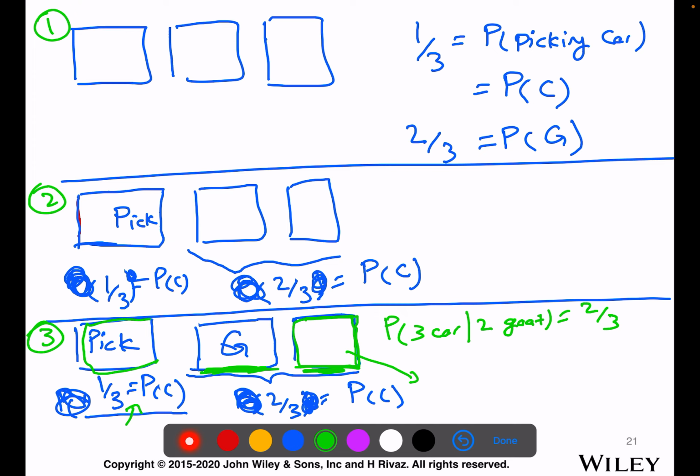But what I like to argue against that is that when the host reveals a goat in one of these two, for sure you know that one of these two is a goat. So it doesn't change the probability between these two versus this one. I think in this case it's a bit difficult to argue.